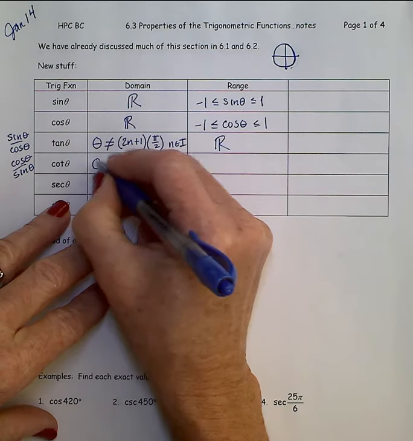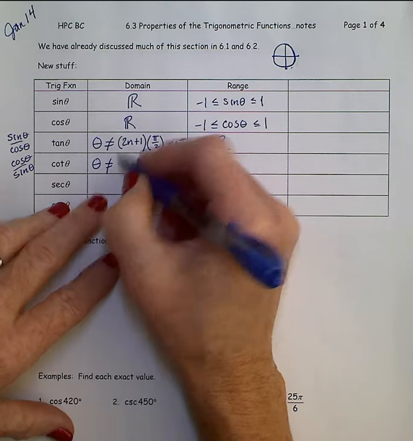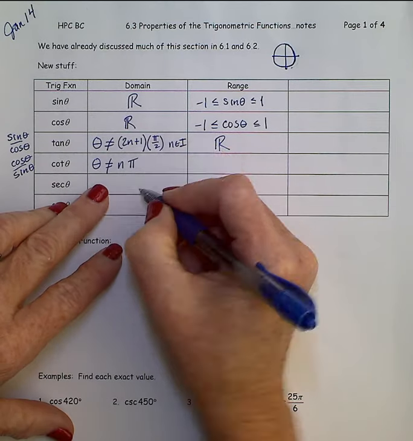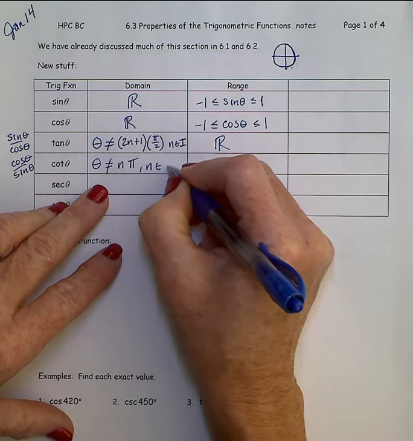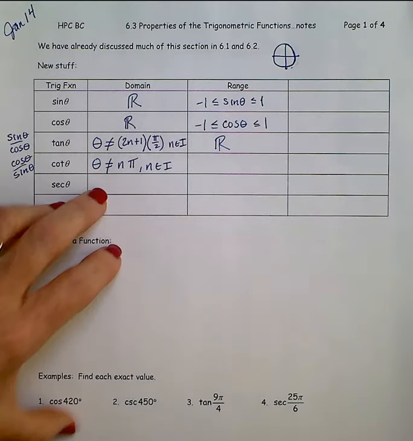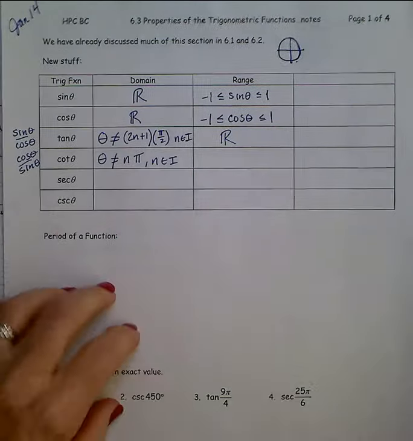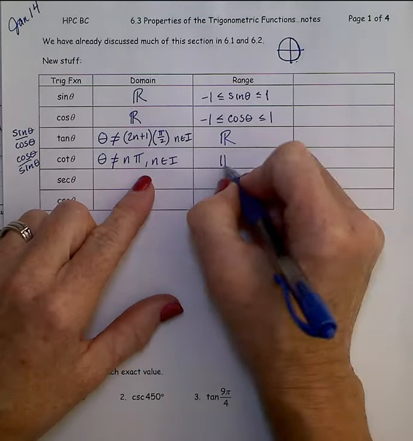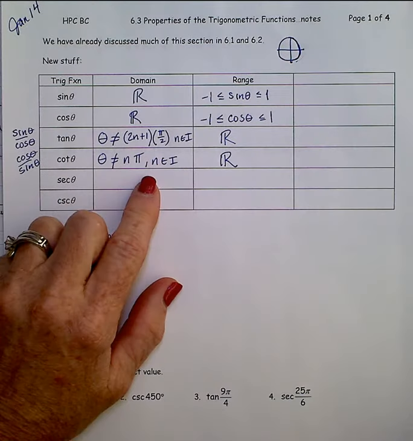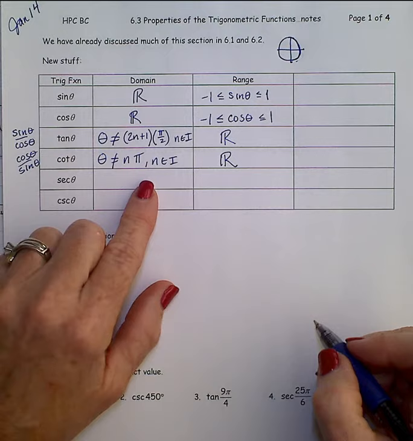So theta cannot be equal to n times pi, where n is an integer. The range off of cotangent, just like tangent, when you compare 2 numbers, you can get any value, any fraction there.